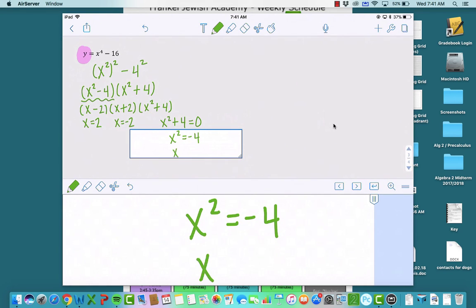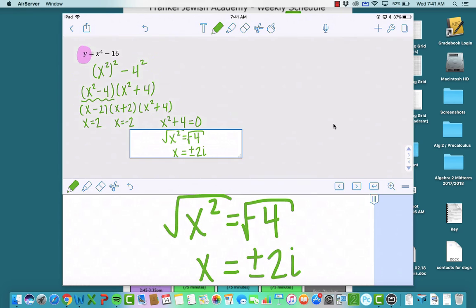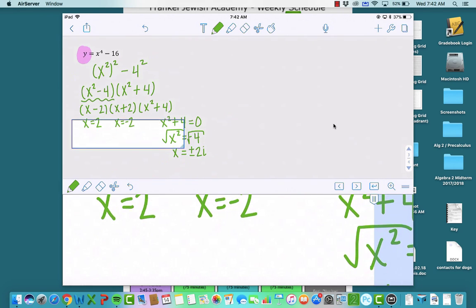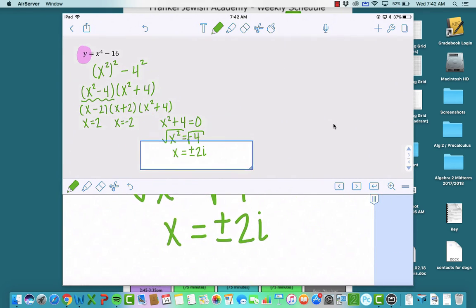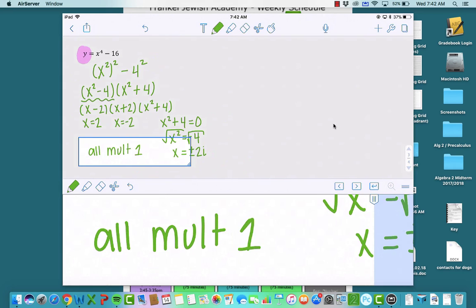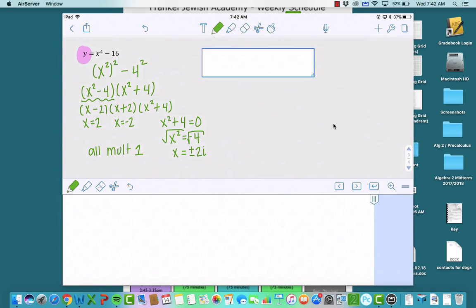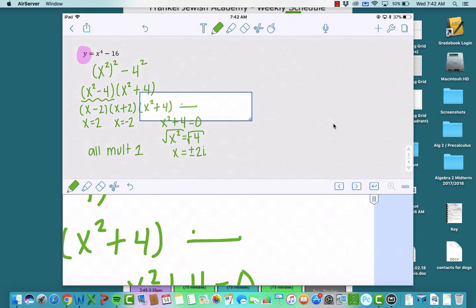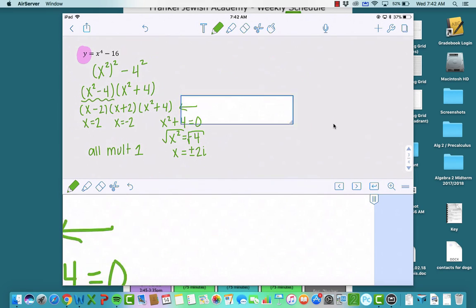So you take the square root of both sides, and you get x equals plus or minus 2i. So my roots are 2, negative 2, 2i, and negative 2i. All of them have a multiplicity 1. All mult 1.